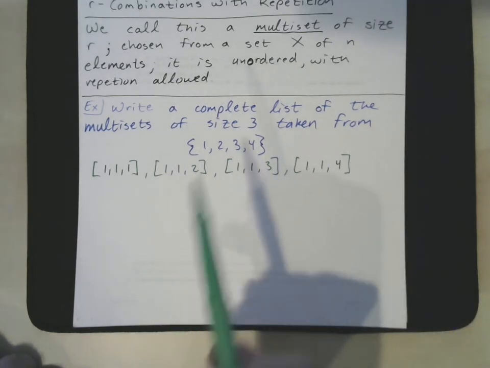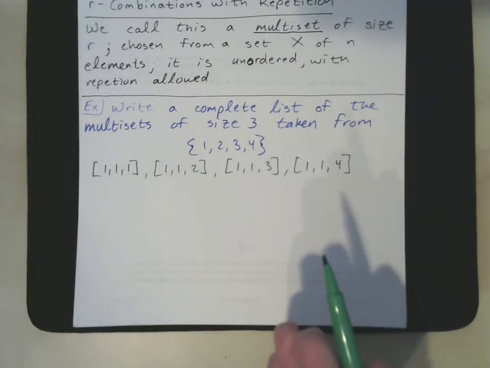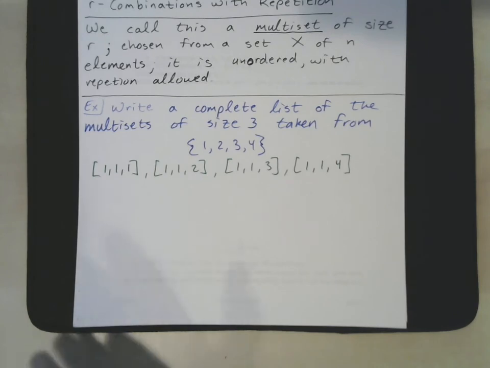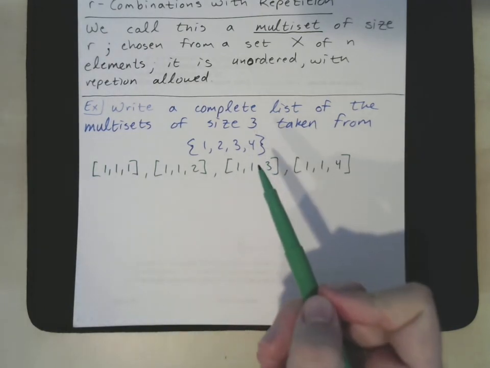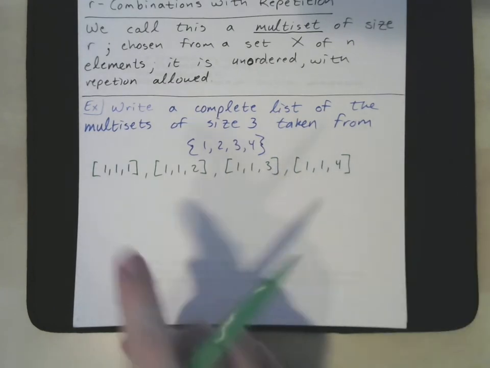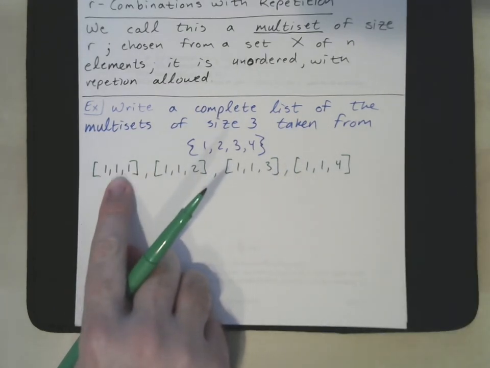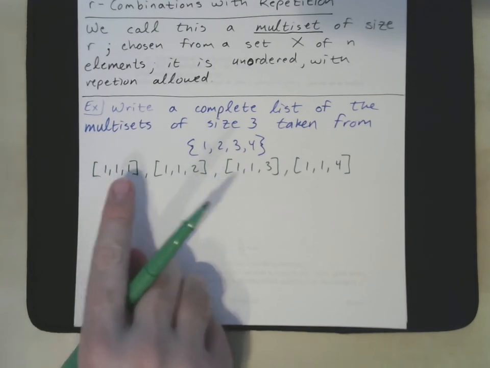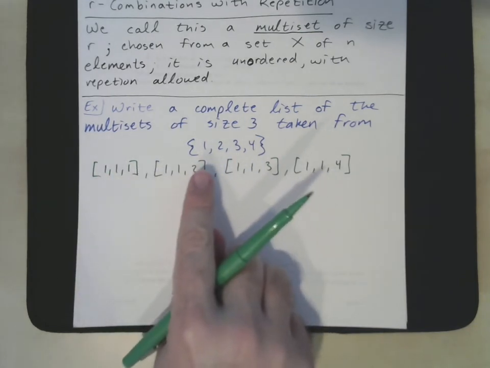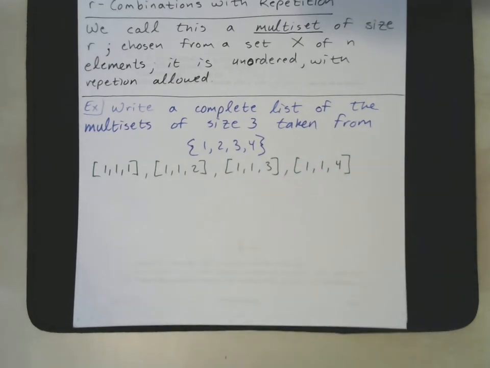When you're told to list out all of your multisets, you want to come up with some sort of system or a pattern that allows you to know you've hit everything. Because it's hard to know if you just start randomly picking 3 numbers from this set of 4. So I start with all the things that have 1, 1 in the first two positions. You can have a 1, a 2, a 3, or a 4 in the third.